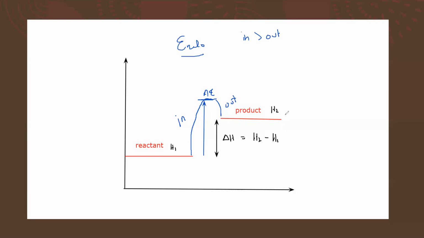And as you can see, the energy of the product is higher than the energy of the reactant. So when we take out the energy difference for endothermic reactions, we will get a positive answer. So this is the energy diagram, the enthalpy diagram, for endothermic reactions.